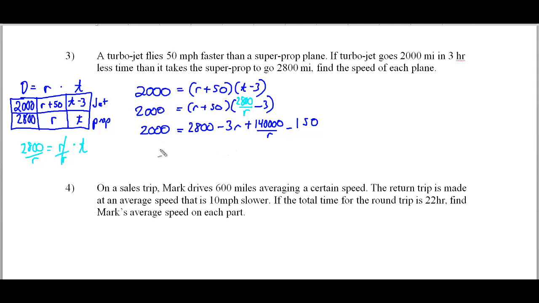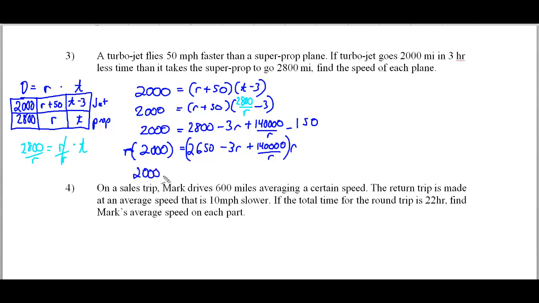So it's time to do some more simplification. I'm going to take my 150 away from my 2,800, and I get 2,650 minus 3R plus 140,000 divided by R. Now at this moment, I'm going to multiply both sides by R, and the reason is that I want to clear this R out of the denominator.